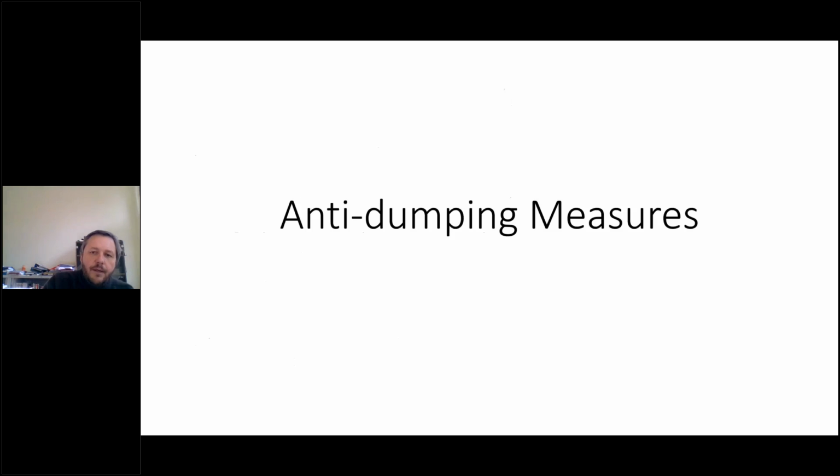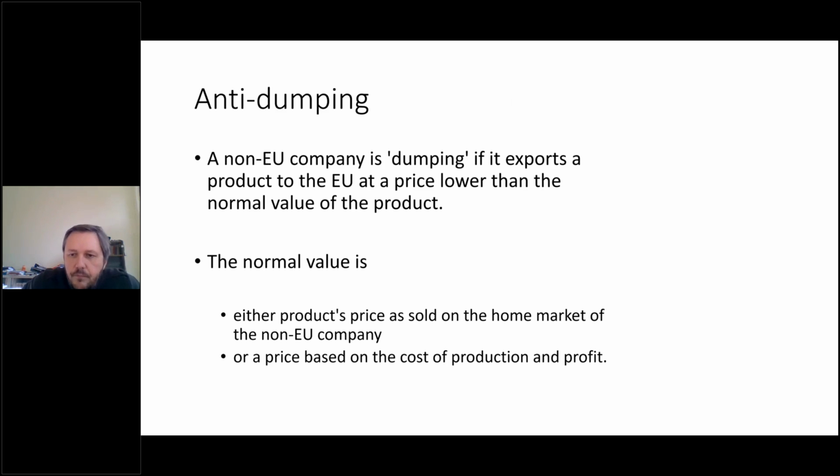And the first one are anti-dumping measures. And what are we talking about when we talk about anti-dumping? A non-EU company is dumping if it exports a product to the EU at a price lower than the normal value of the product. And then the question is, of course, what's the normal value of a product? And that's either the product's price as sold on the home market of the non-EU companies.